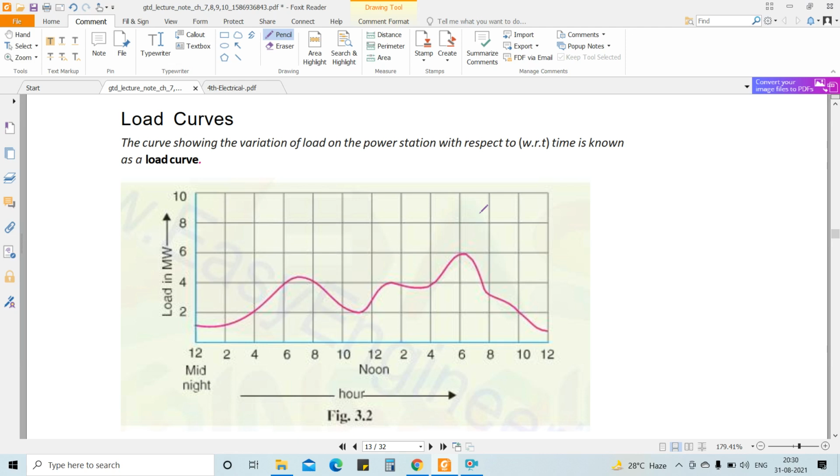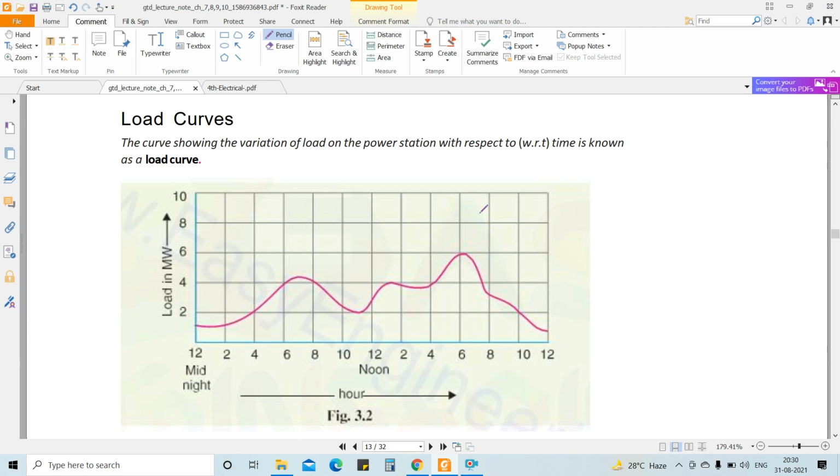Okay, so let's start with the economic aspect of the power system. In this section we need to learn certain terms, and by studying those parameters, we learn how to control the economic aspect of the power system.